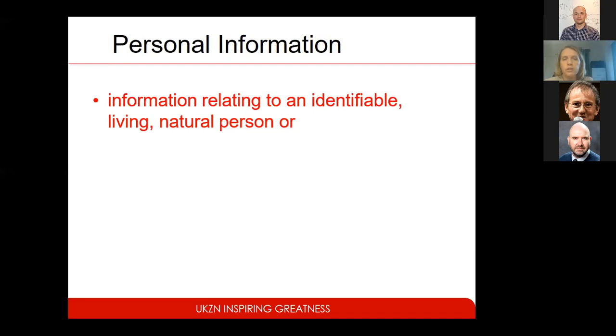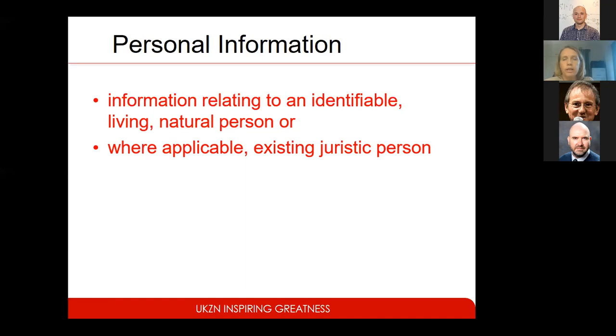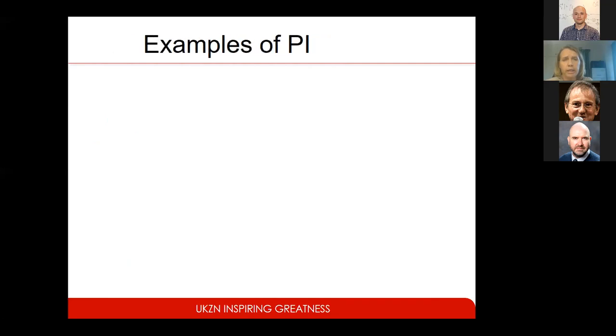So it doesn't apply to deceased persons, but what is unique with POPIA is that it does also apply, where applicable, to existing juristic persons. So as with our ethics guidelines, if you're collecting information from natural persons or juristic organizations, you must take cognizance of the protection of their information. And that is the data subject.